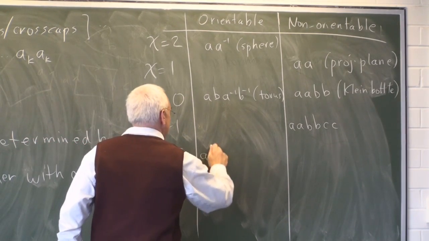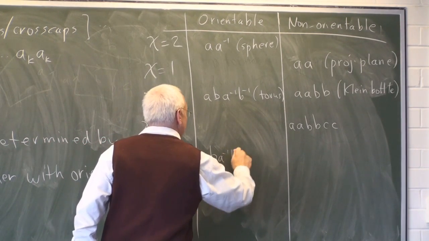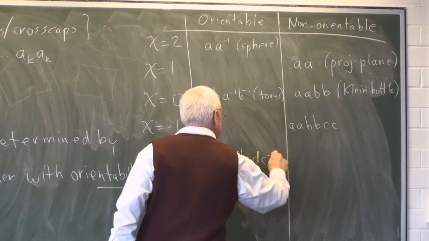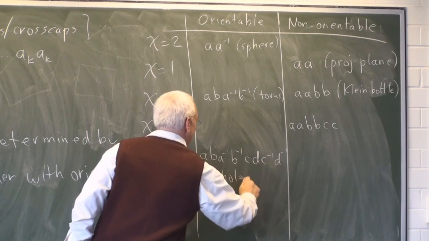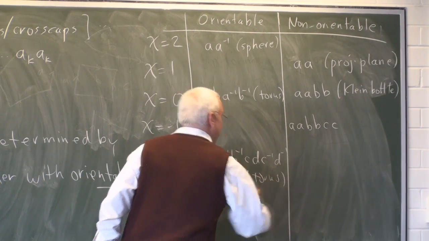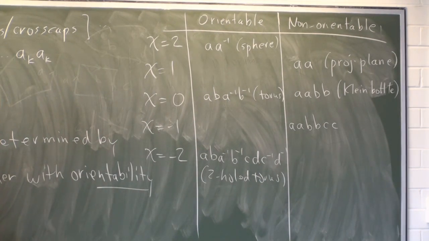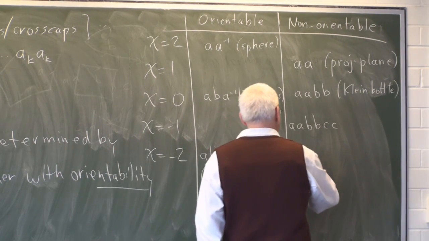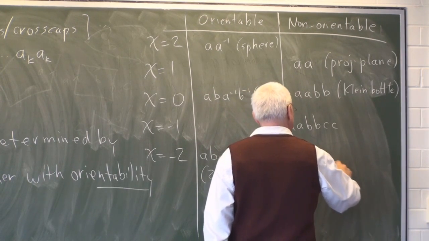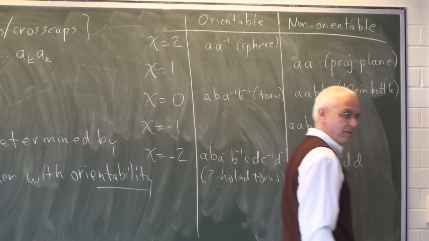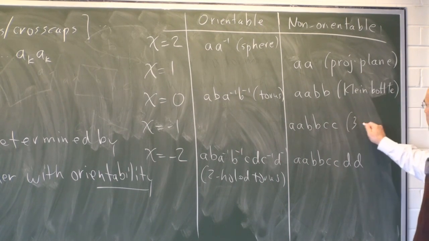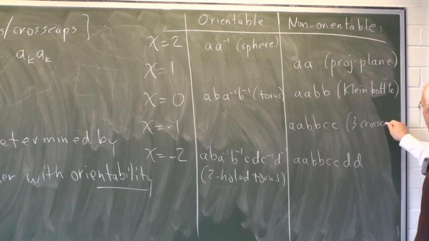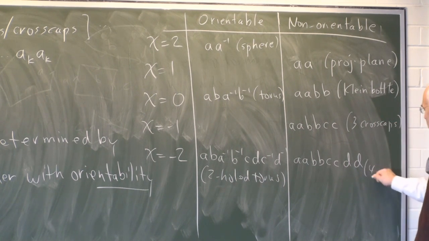It could be A, B, A inverse, B inverse, C, D, C inverse, D inverse, which is a 2-hole torus. Or it could be A, A, B, B, C, C, D, D. 4 cross caps.